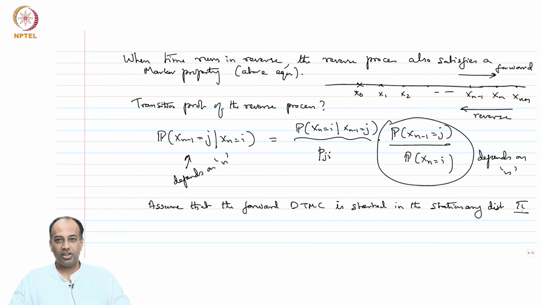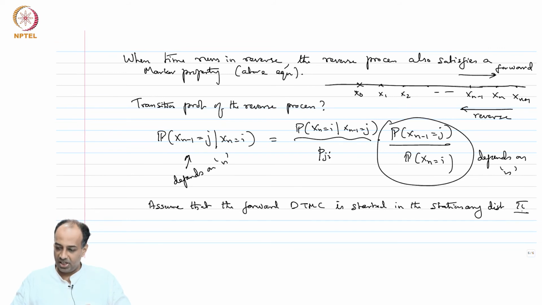Okay, so we are now assuming that the forward chain first of all has a stationary distribution pi, and we are starting the forward Markov chain in the stationary distribution at time 0. Which means the forward Markov chain will always be at pi, right.